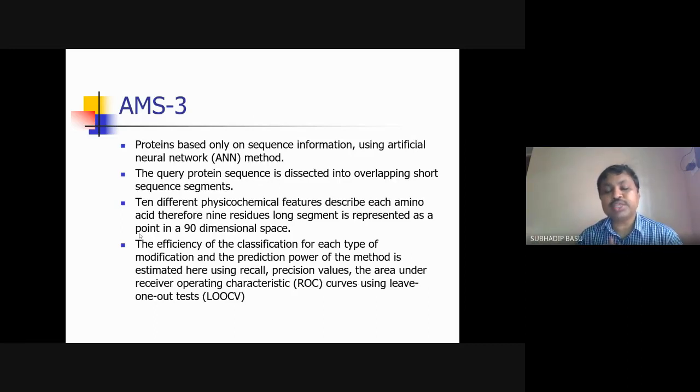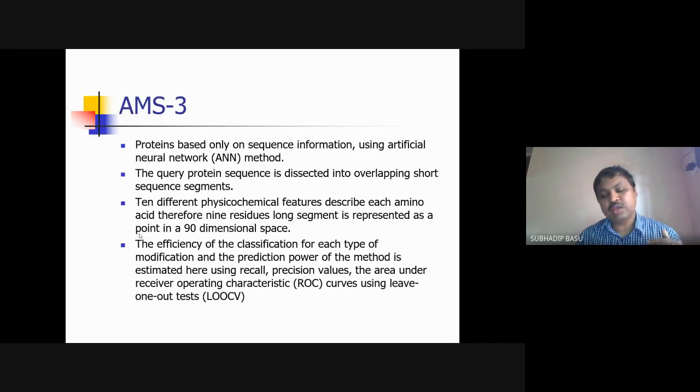In this paper, we identified 10 different physicochemical features. How these were identified, and what they are, is also discussed in the paper. It generates 10 features for one residue, so with 9 residues in all, you have a 90-dimensional feature space.